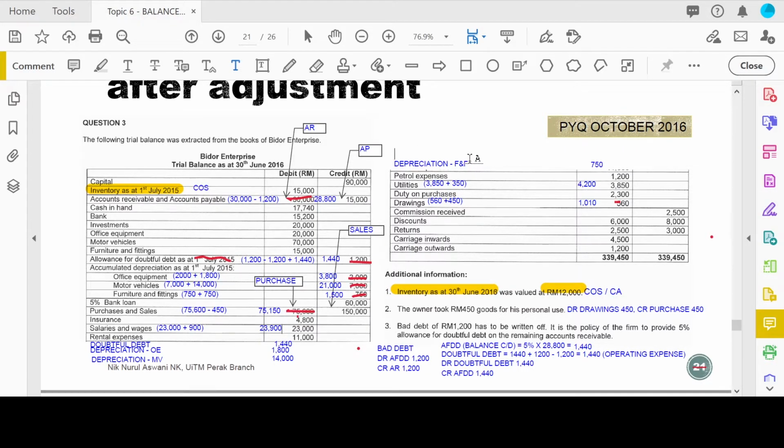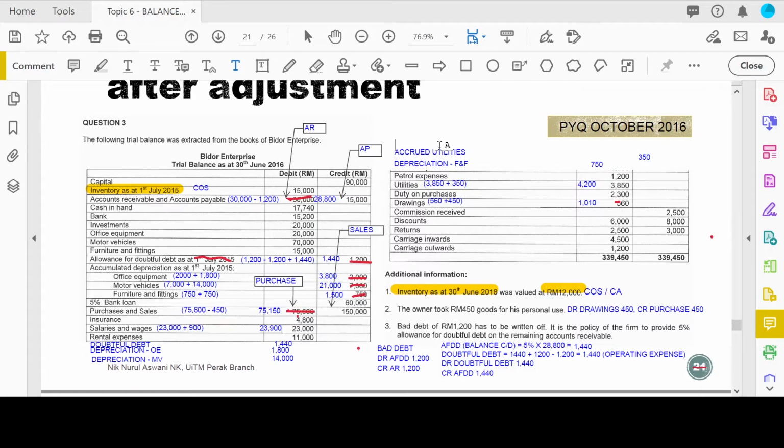If you go through the trial balance from top to bottom, from capital to carriage outwards, you may not find any accrued utilities recorded yet. So we are going to create that account and call it accrued utilities. The adjustment is on the credit side, so we put it here on the credit side, same amount, 350.